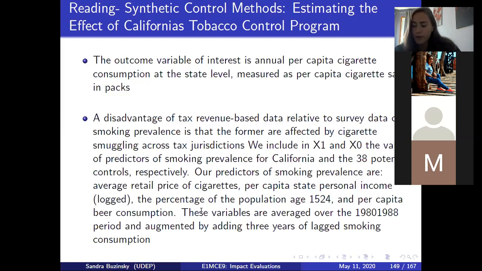So if someone's consuming beer, they'll probably consume cigarettes, but I don't know. I'm sure there's some positive correlation there. These variables are averaged over 1980 to 1988, and they augmented by adding 3 years of late smoking consumption. Okay.